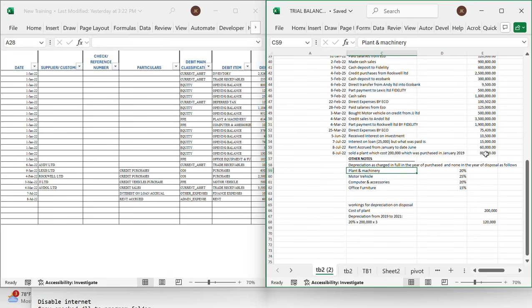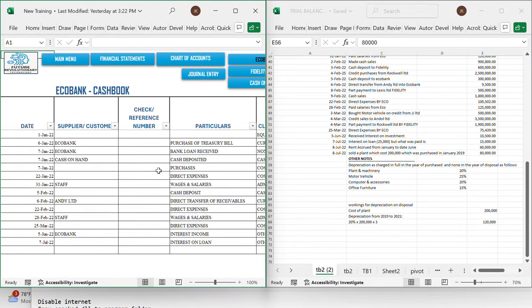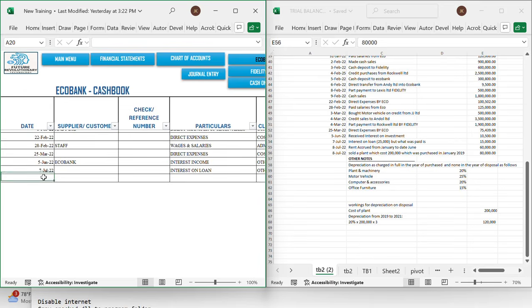We are receiving cash. Let us assume this one was received in EcoBank. So we go back to our EcoBank cash book or EcoBank account, July 8th, 2022.